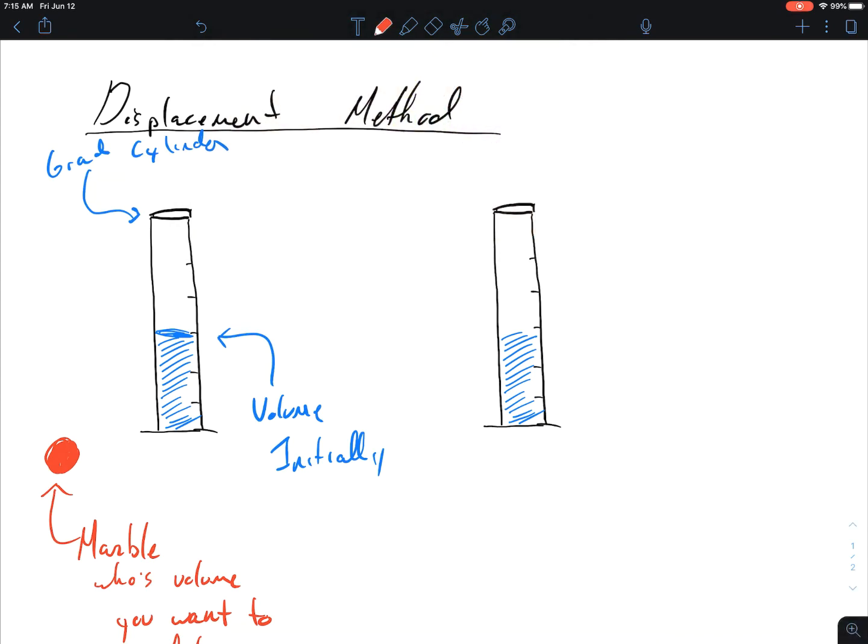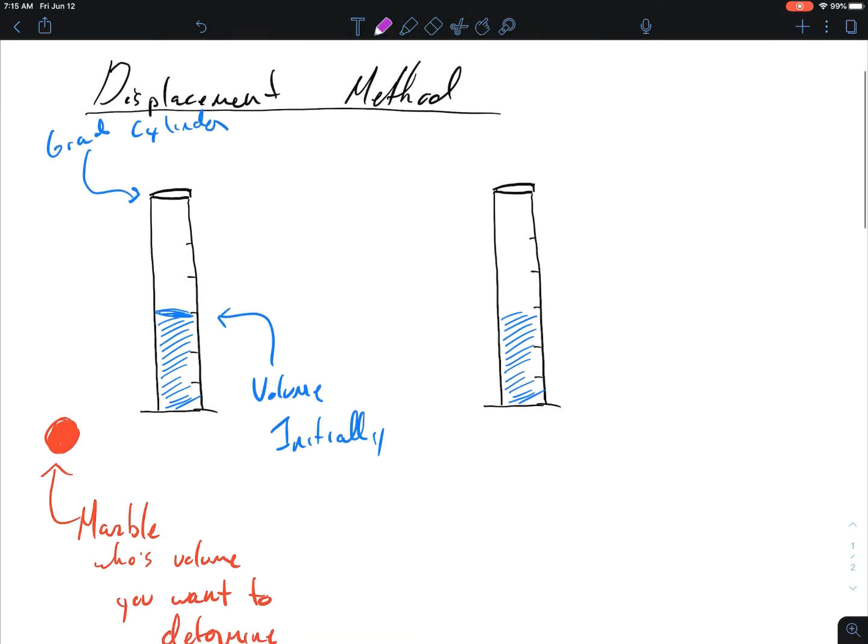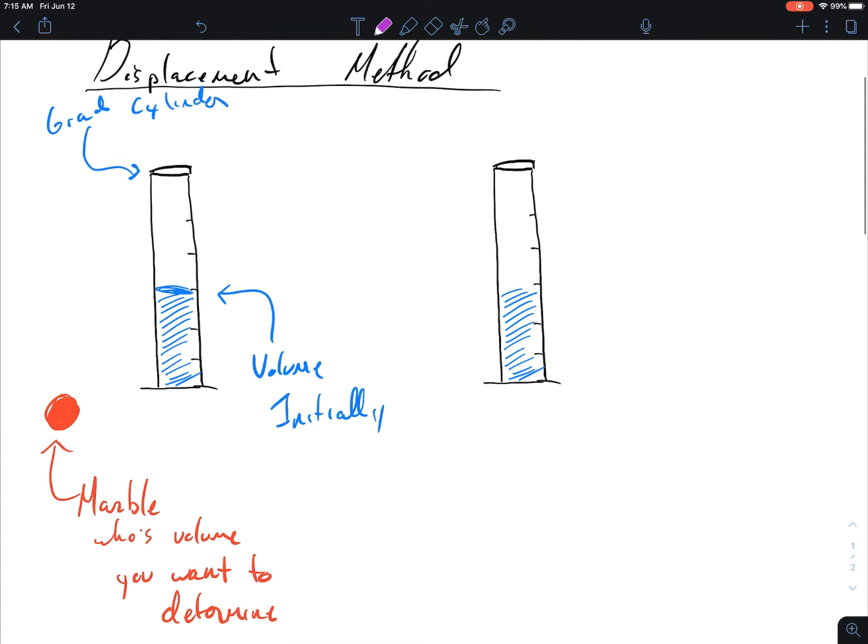But you have some volume of water to start, you want to write down that initial volume, and then you're going to take your marble. Let's say you have some marble whose volume you're trying to determine. You're going to take that marble and you're going to throw it into the flask, right?